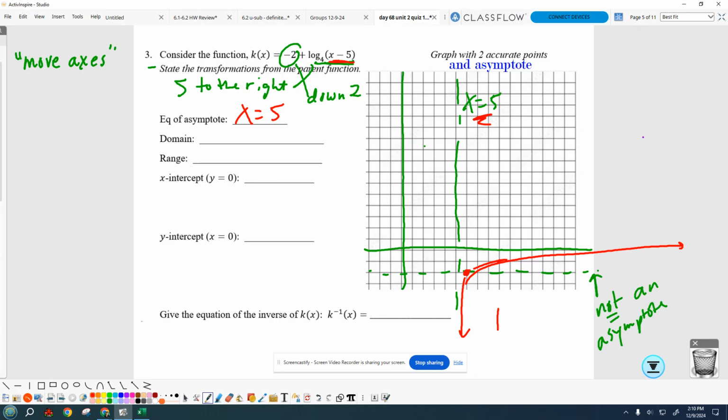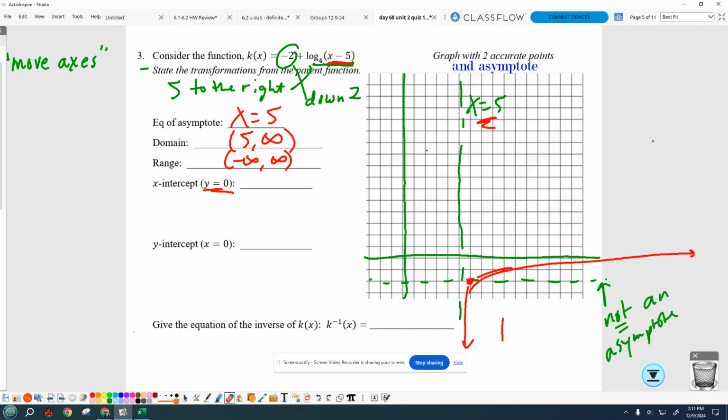So what's the domain? Round bracket 5 to infinity. Sophie, what's the range? Negative to positive infinity. Okay. Isla, here's my hint. How do we find the x-intercept?